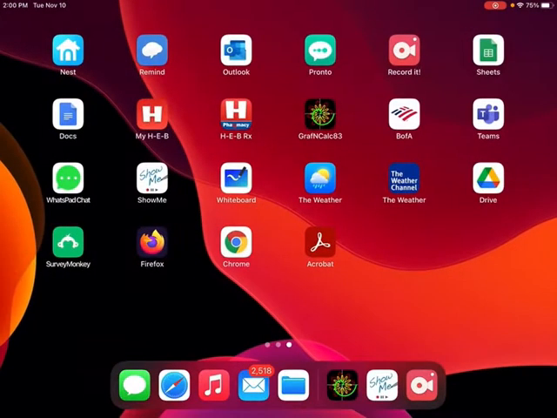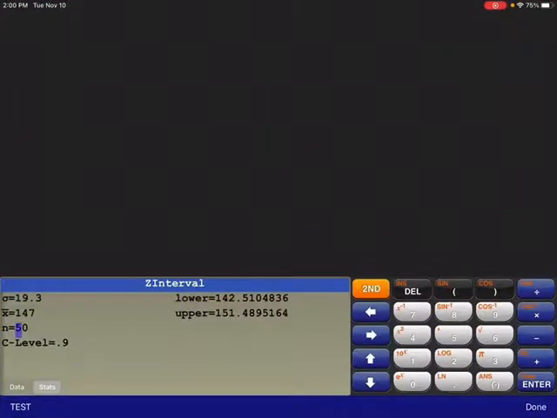So I'm going to come back to my calculator app right here. The only thing I'm going to do, guys, everything is going to stay the same. But right here on my confidence level, instead of being 0.9 for 90%, I'm going to go 0.95. And then if you notice, my numbers haven't changed. But once I move my cursor up or down, now we have our numbers.